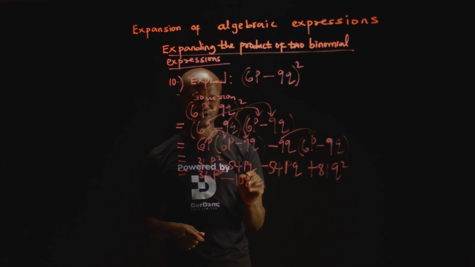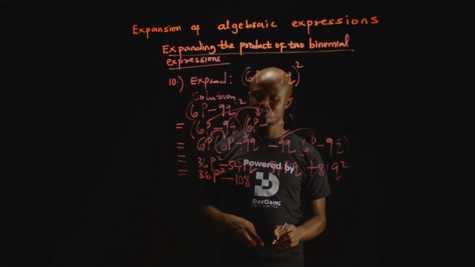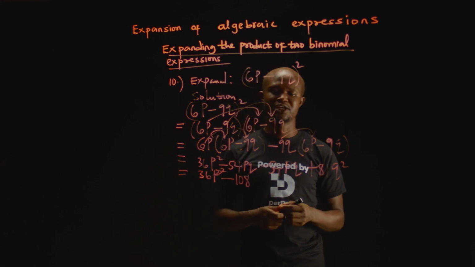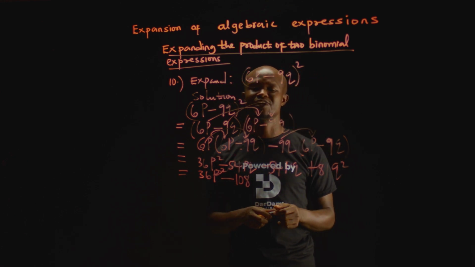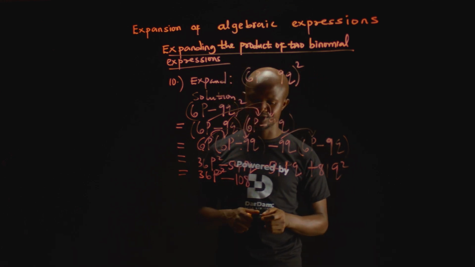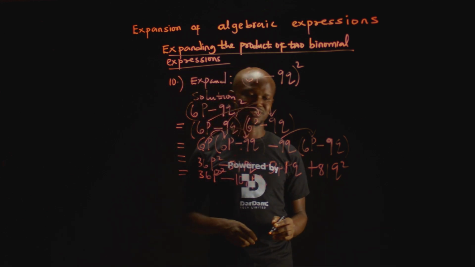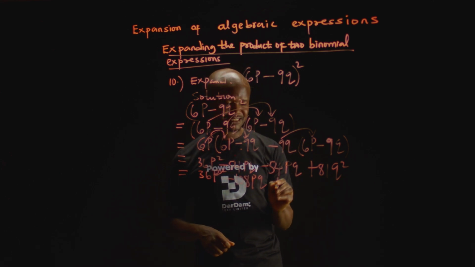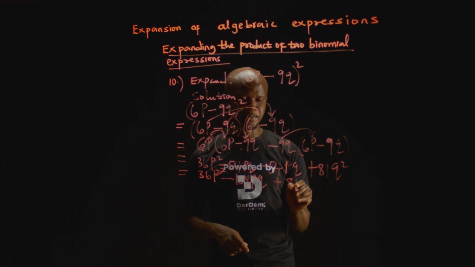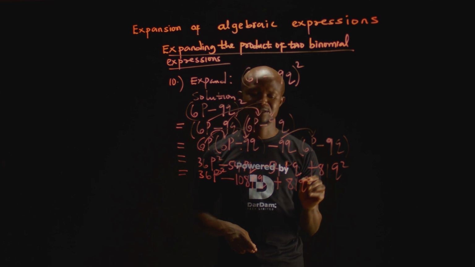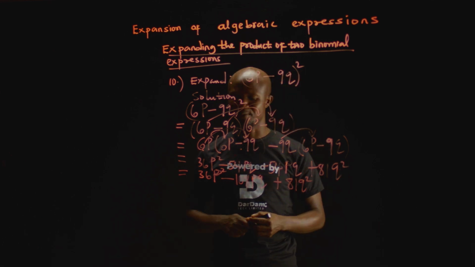So it means that minus 54pq minus 54pq will give us minus 108pq, which represents the middle term. Then plus the last term, that will be 81q squared. That is the solution to the problem. Thank you.